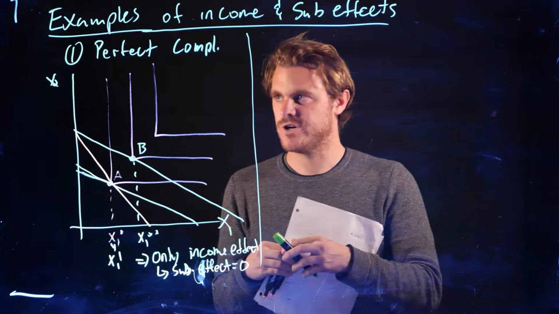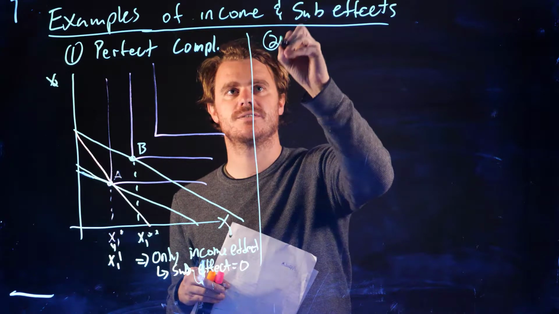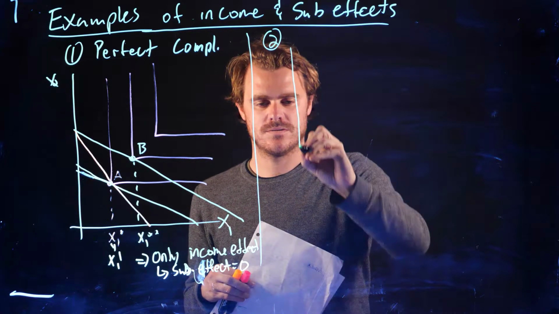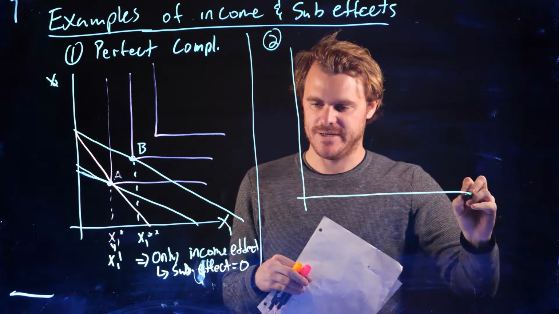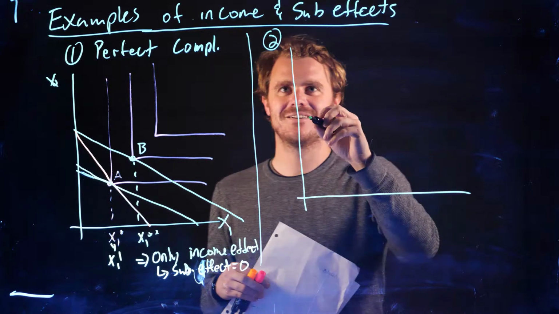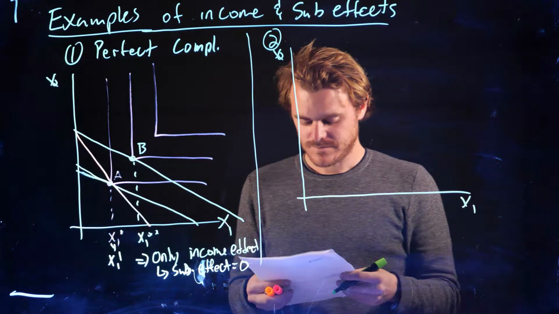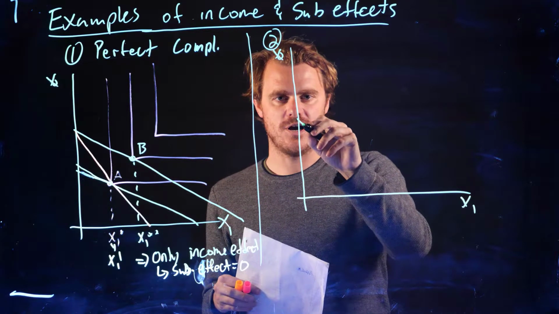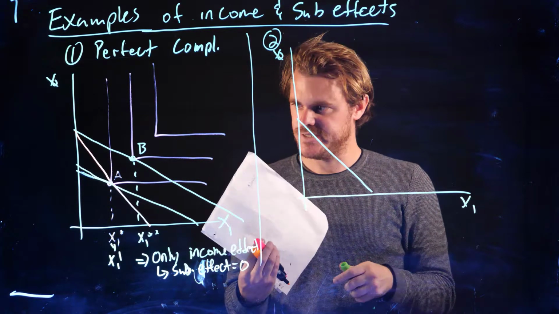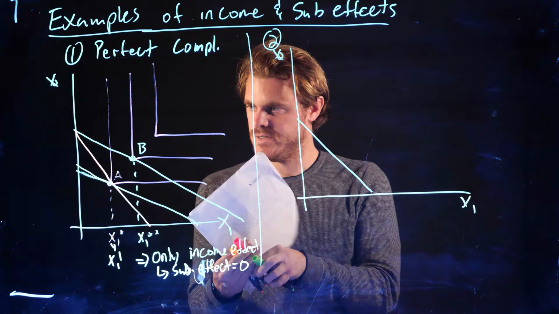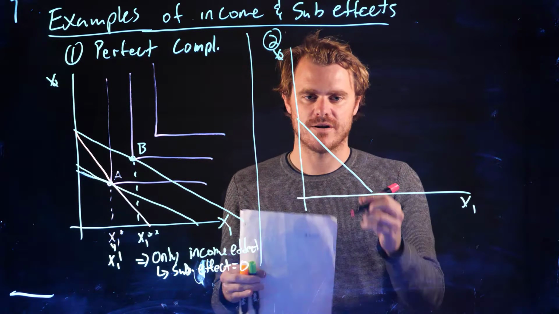And now if we turn our attention to perfect substitutes, I'm just going to draw this a little bit smaller so I have a little bit more room down here. Amount of good 2, amount of good 1. Let's say this is our original budget constraint. Purple is what we've been using for our indifference curves.